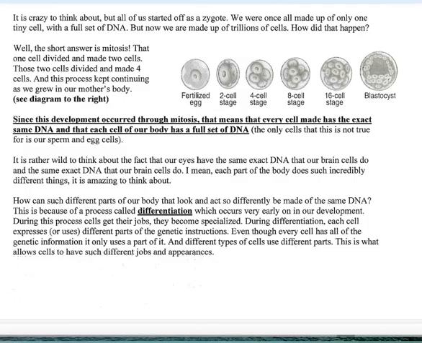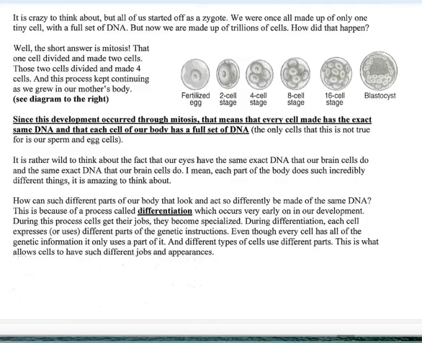And that's because of a process called differentiation, which occurs very early in our development. During this process, cells get their jobs, meaning they become specialized. So even though they have the same DNA, they all get different jobs.